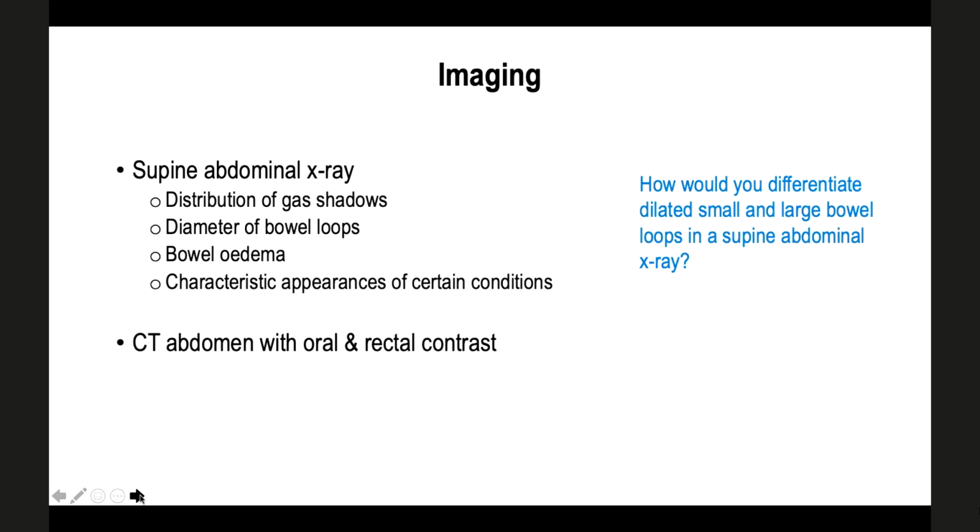and you have some time to go and read and have a look at a few images. You need to be able to see, if you look at a supine abdominal X-ray, how you would differentiate between dilated small and large bowel loops. So next time you're in a ward and you have a patient with intestinal obstruction and they do a supine abdominal X-ray, look at it and try to figure out, is this large bowel or small bowel that is distended?